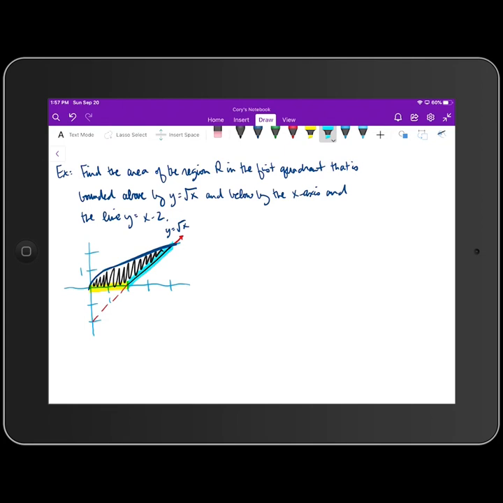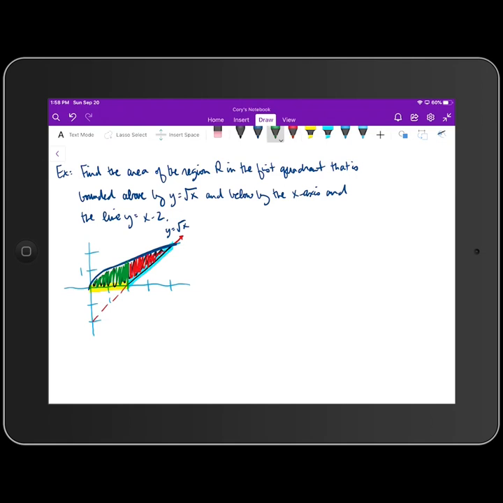So if we want to compute that area in black, we actually have to break the integral up into two integrals. The first one is going to calculate this area here in green. And the second one is going to calculate the area in red.